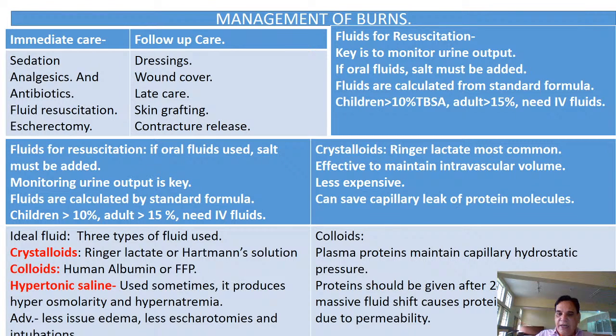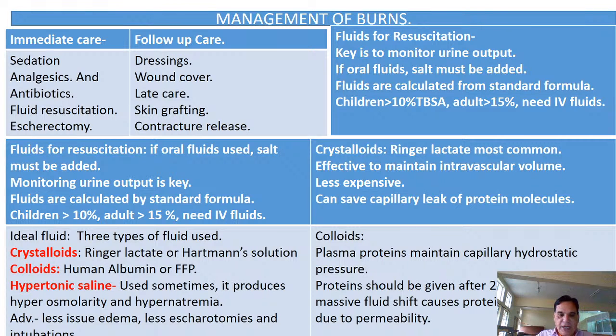Crystalloids like Ringer lactate are the most common. Why important? They are effective in maintaining the intravascular volume. We are only maintaining the volume. Okay, remember this. They are less expensive and they can offset capillary leak. The ideal fluid is crystalloid. There are three types of fluids.